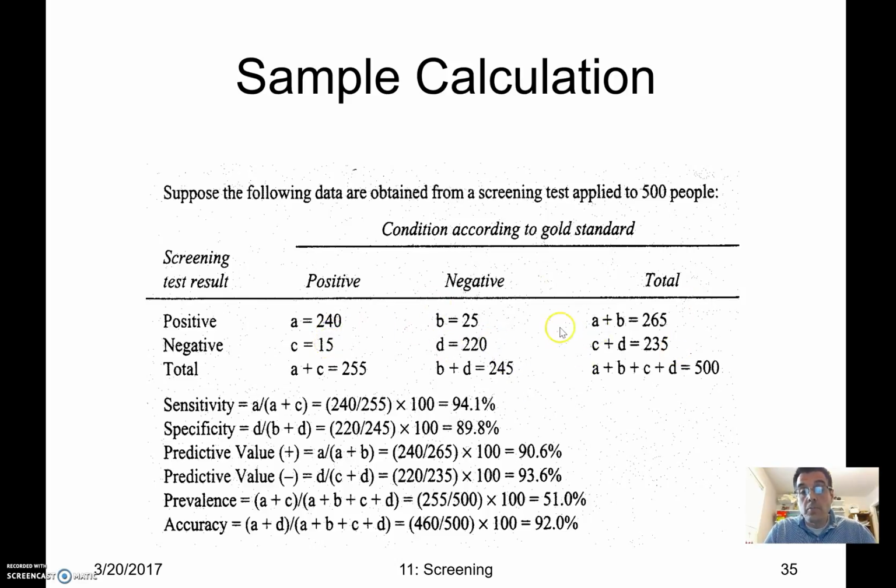Then you can move forward and look at each of these numbers. You can see that this particular test was 94.1% sensitive and 89.8% specific. It had a predictive value positive of 90% and a predictive value negative of 93%. 51% of the individuals within this study actually had the disease, and the accuracy of this test was 92%.